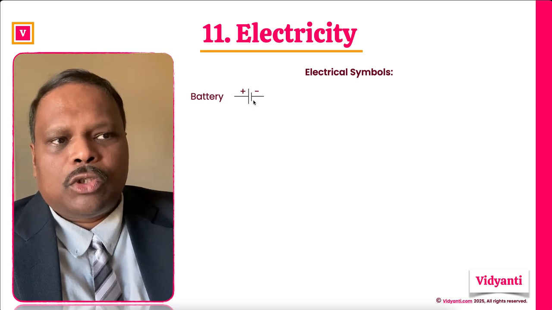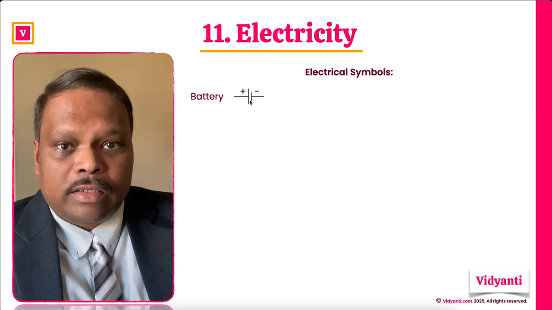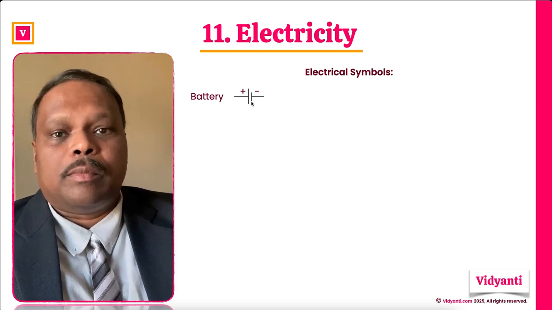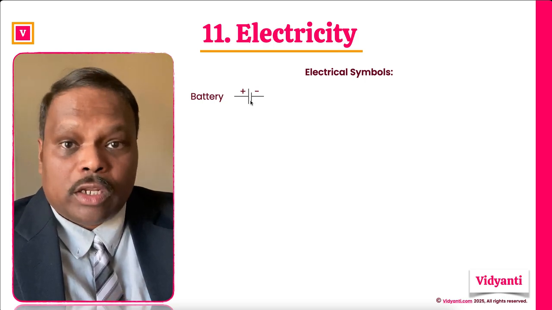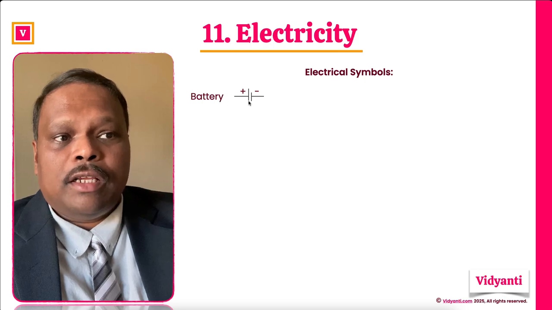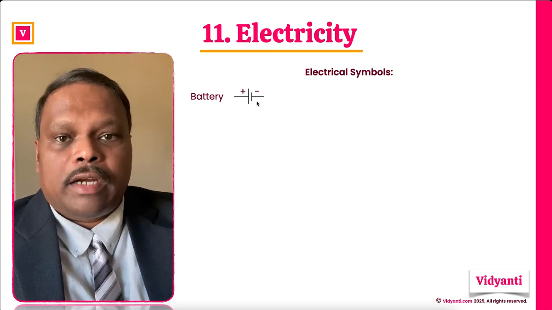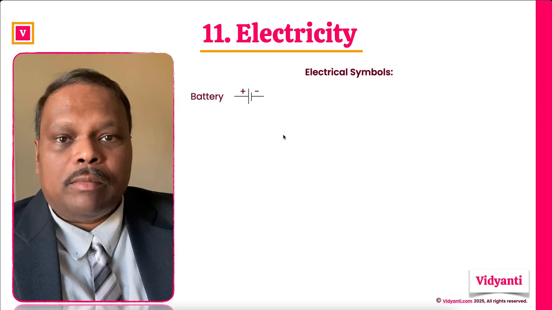Also, if you show these two vertical lines with exact same length, then again that's wrong, because that represents capacitor, which is totally different element. In battery, you have to have two dissimilar lines, one slightly longer representing positive terminal, another slightly shorter representing negative terminal, and there should be some gap in between them.